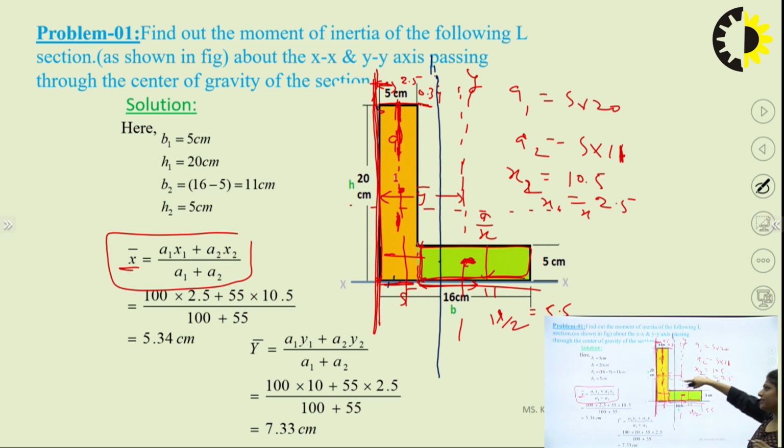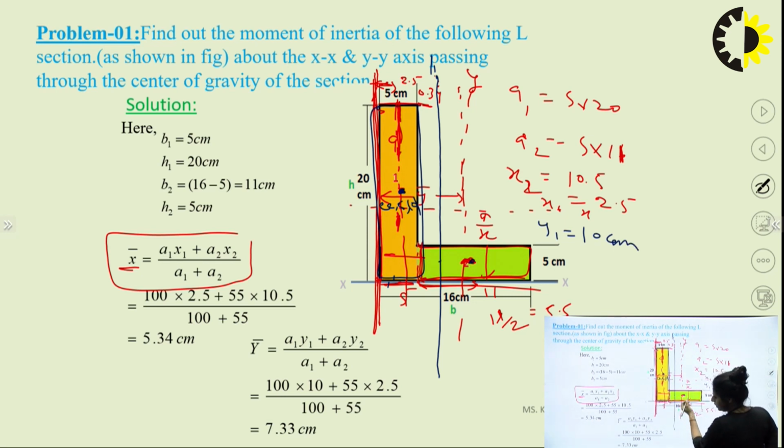So I can easily say that the CG of this diagram is 2.5 for the x-axis, and for the y-axis it is 10. So y1 is nothing, it is simply 10 centimeter. Okay, for y2, check y2. This is our reference axis.